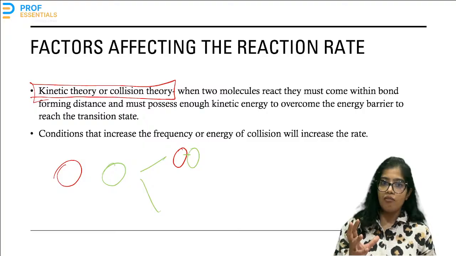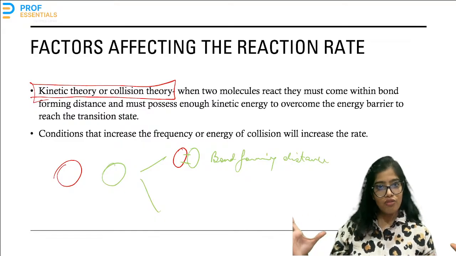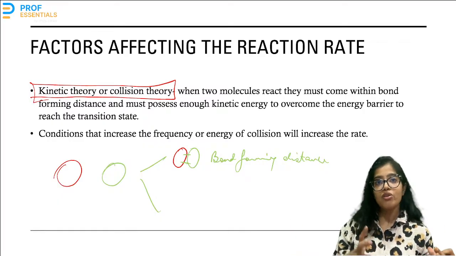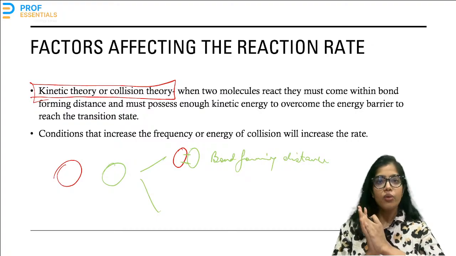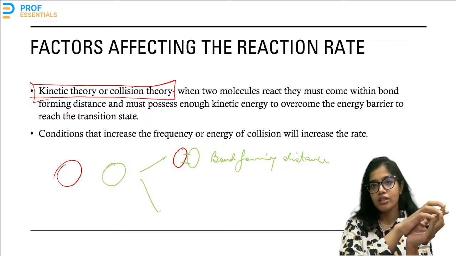Now there can be exchange of electrons once the bond forming distance has been achieved. They cannot be far away. If there has to be a bond between you and someone else, you need to meet, you need to be friends with each other. It cannot happen if someone is situated on the other side of the earth.